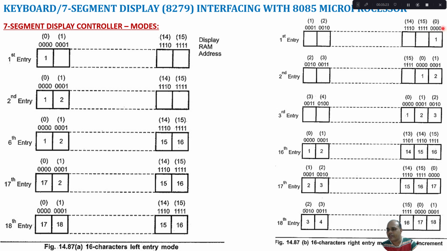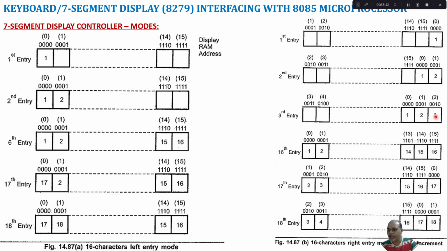It will not get the data from 0000. It will get the data from 0001. When the third entry comes, the last segment, the 16th segment, will get the data from 0010. Which means here the address changes for each segment when we update the data into the display.